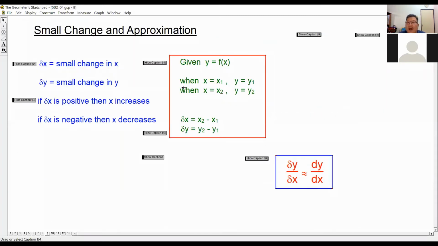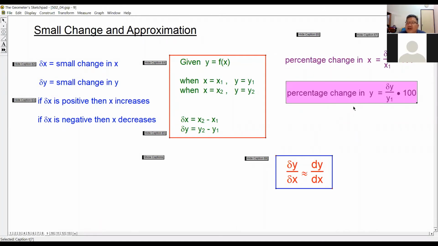Coming back to questions involving percentage, it will be like this. The percentage change in x is delta x over x1 times 100. You have to divide by x1, not x2, because x1 is the initial value of x. The percentage change in y is delta y over y1 times 100.